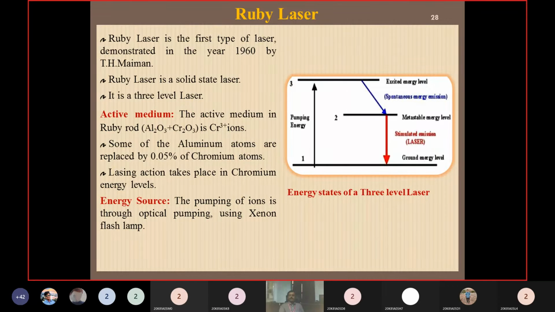The first one is the ruby laser. Ruby laser is the first type of laser, demonstrated in the year 1960 by Maiman.